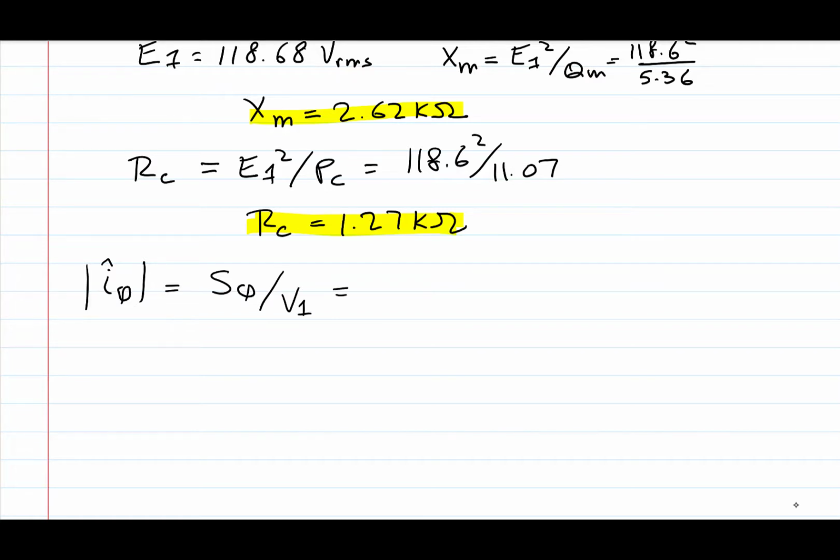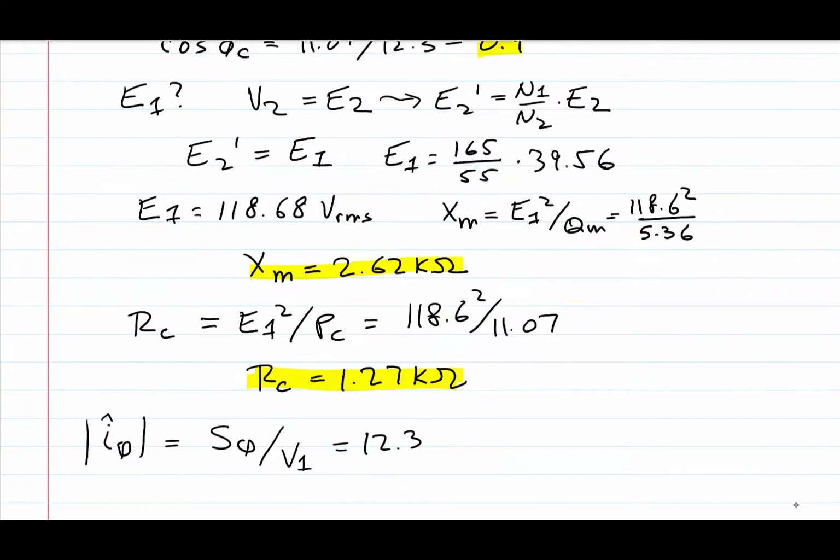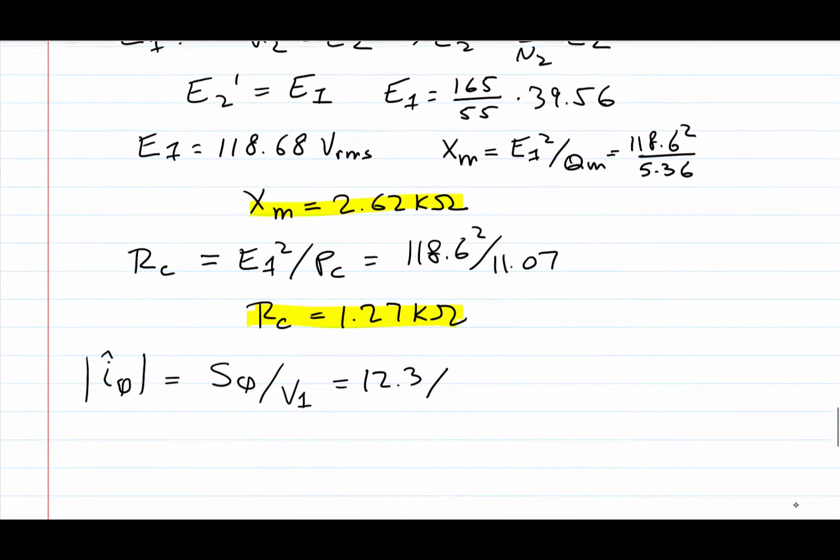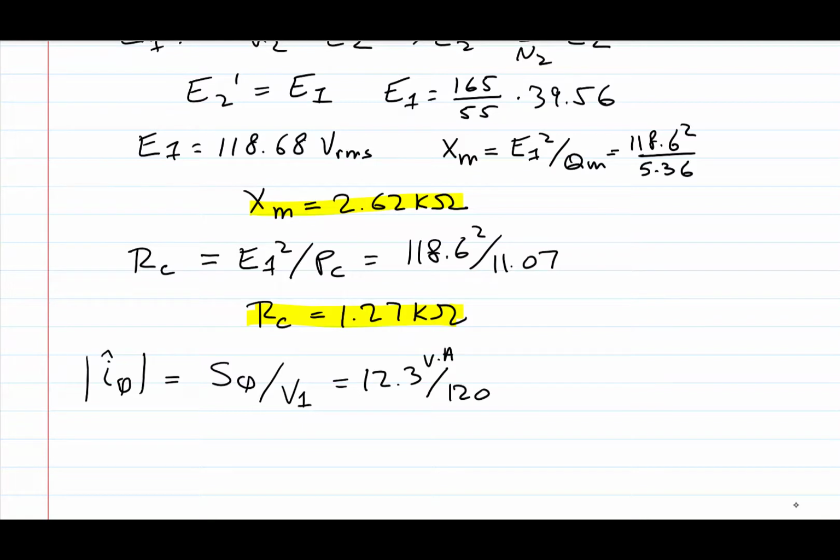Recall that we had 120 volts on the primary in our test setup. And so that is going to give us 12.3 volt amperes divided by 120, and that gives us 102.5 milliamps.